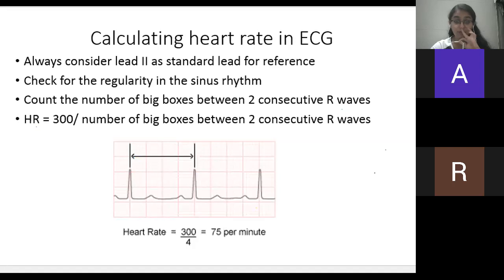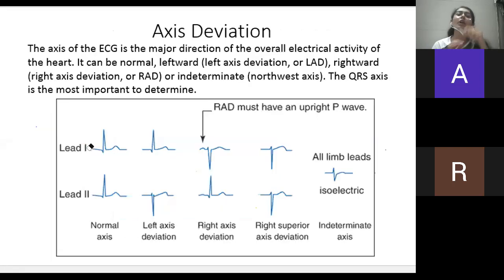Okay. Now, what is axis deviation and what does axis deviation tell you about? The axis of the ECG is the major direction of the electrical activity. As I said, it is the cumulative effect of all the vectors that are seen in the heart and that I showed you earlier. It is the overall activity of the heart.